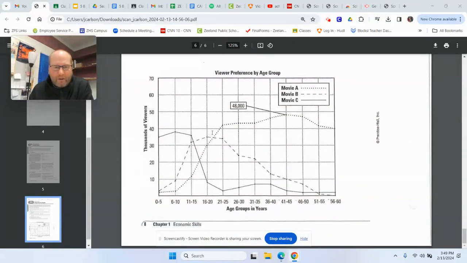Well, what type of movie was it, maybe? Is it a children's movie? We see a high viewership here. And then would a bunch of 11 to 20-year-olds go see it, or 21-year-olds go see a children's movie? Well, here's the age where people start having kids again. So maybe they start going with their kids.